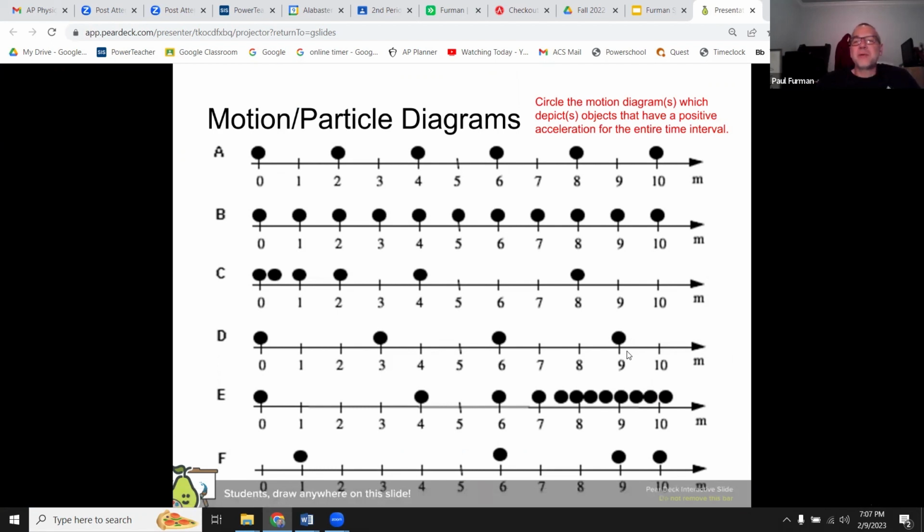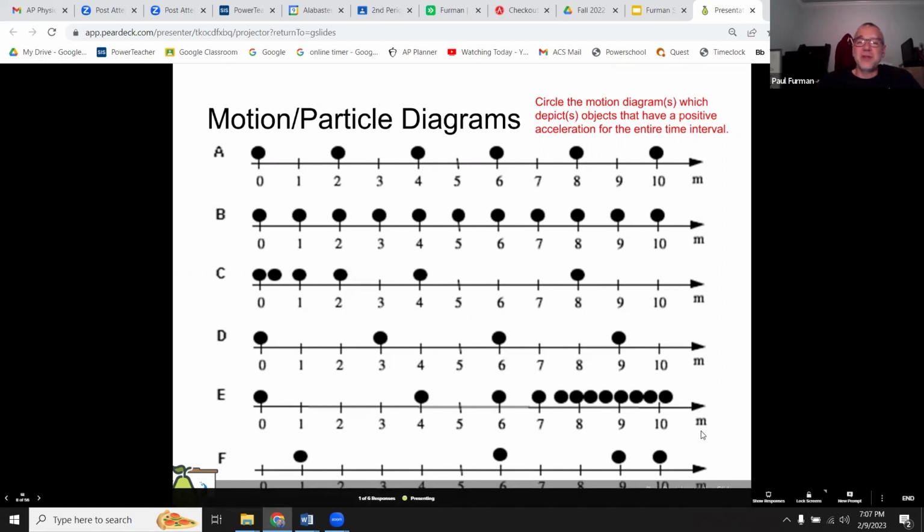The next slide has the same diagrams, but now you need to circle the diagrams that have a positive acceleration. All of these objects are moving to the right. Which ones have a positive acceleration?